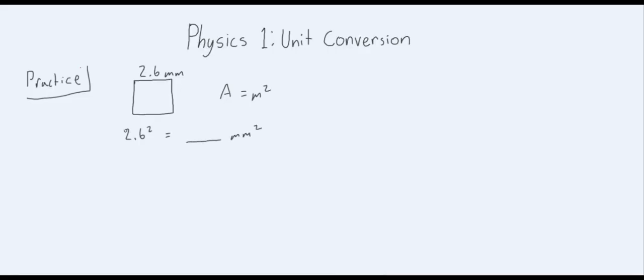There are multiple ways of going about solving this problem. But my recommendation would be finding the area of the square in millimeters first, and then going about unit conversion afterwards. Let me do this as quick as I can. Your answer should be 6.76 millimeters squared.